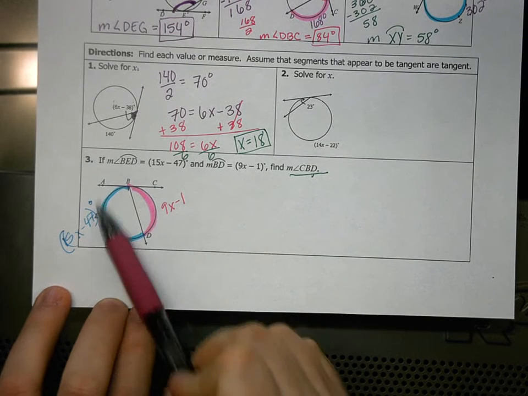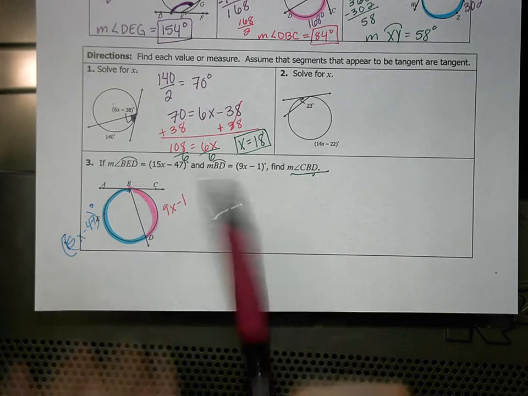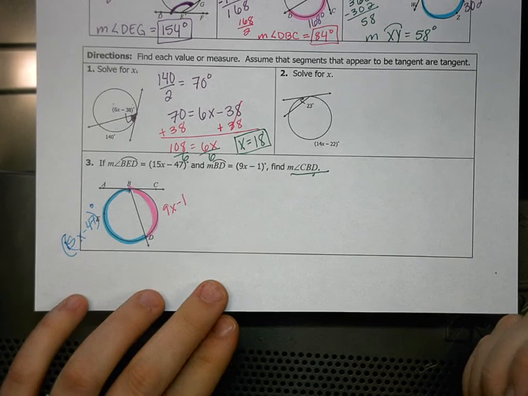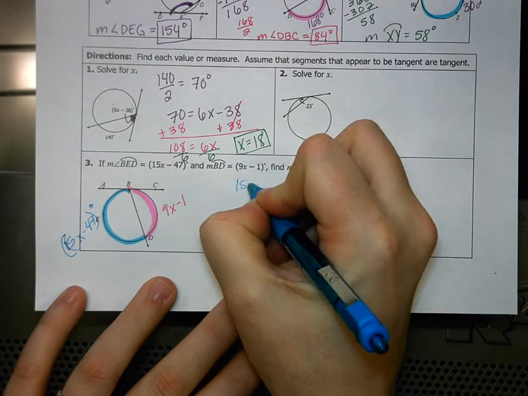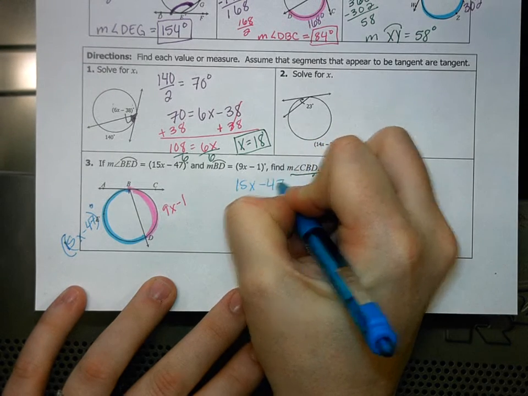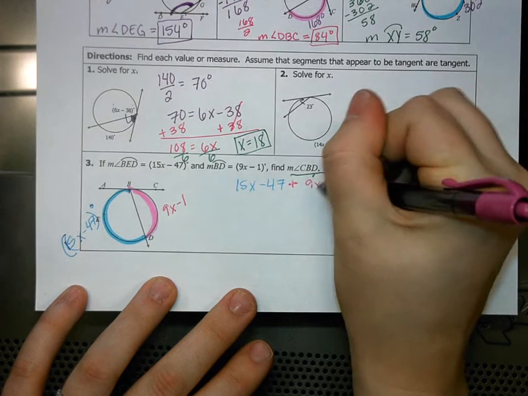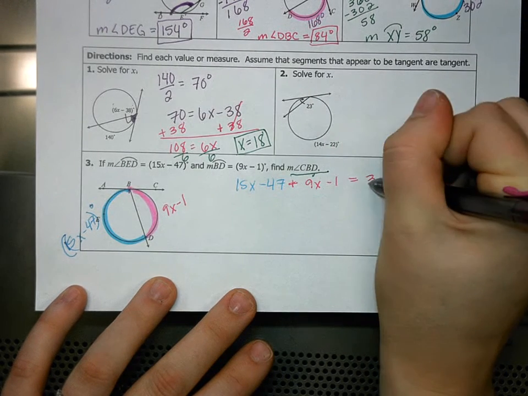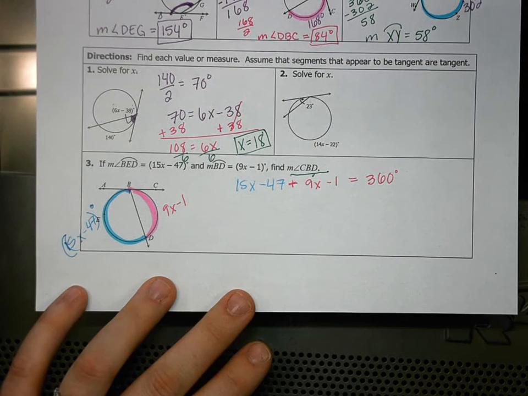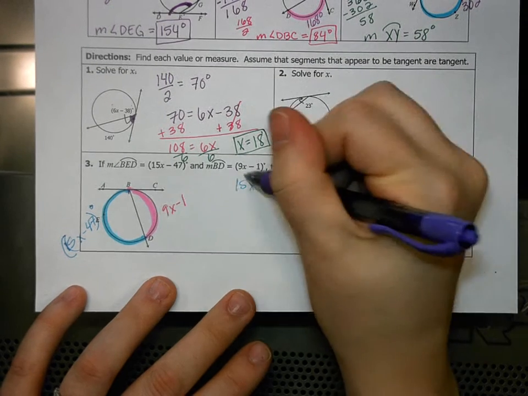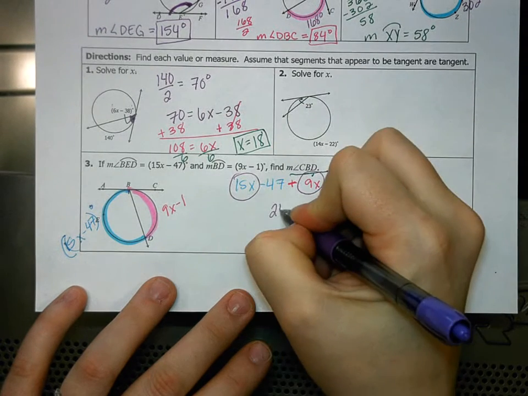This created one full circle. What will you do with these in order to solve for x? Very good. Add them together. 15x minus 47 plus 9x minus 1, and set them equal to one full circle, which is 360 degrees. Okay, our like terms here. What's 15x plus 9x? 24x.